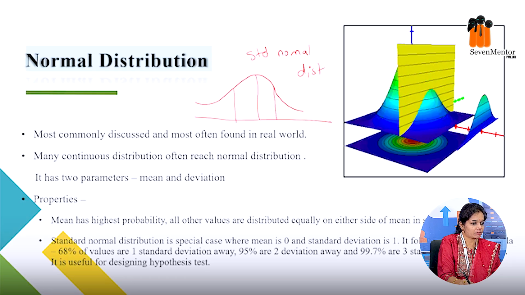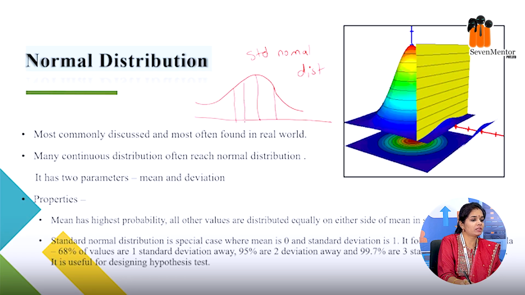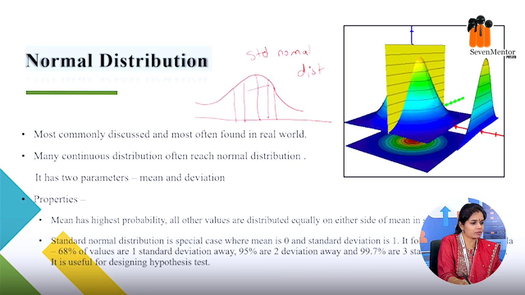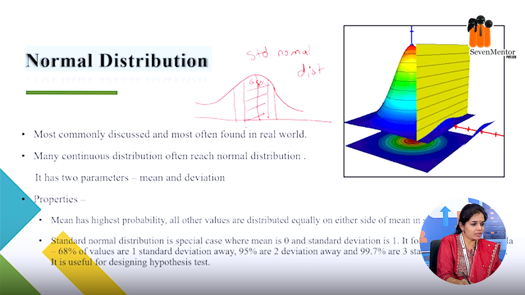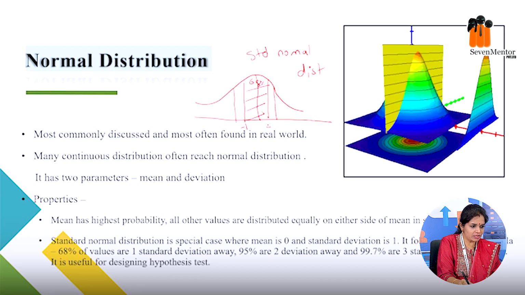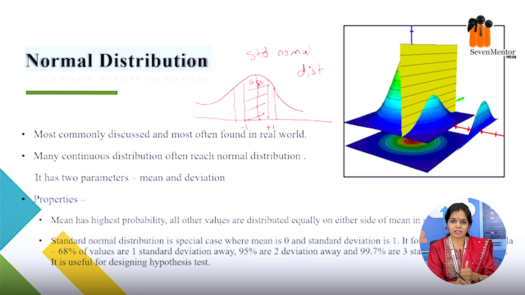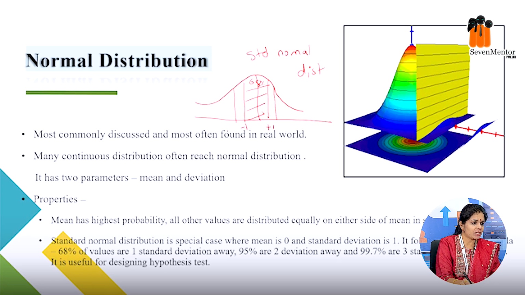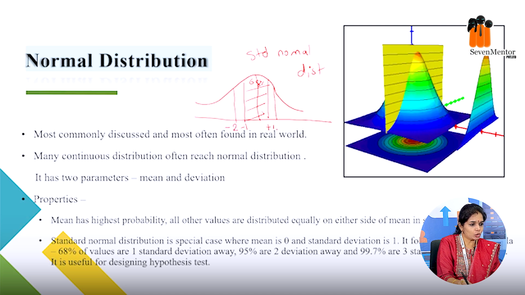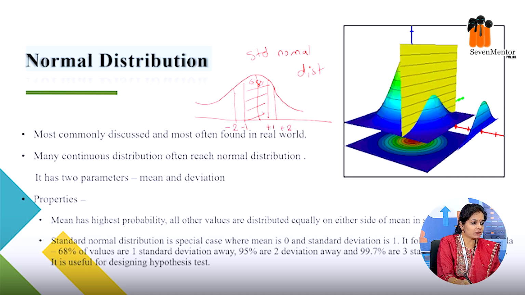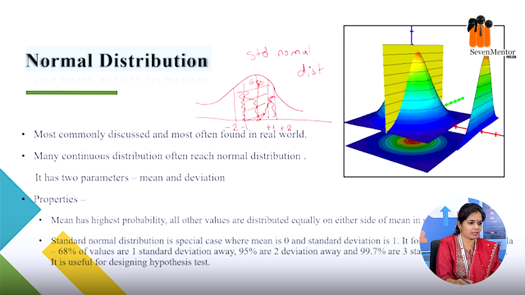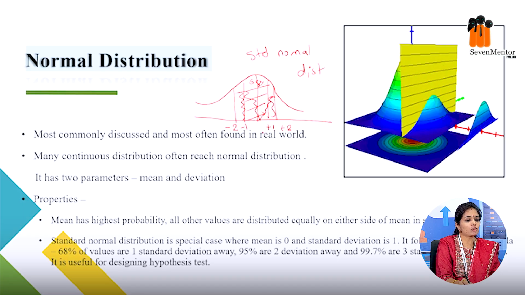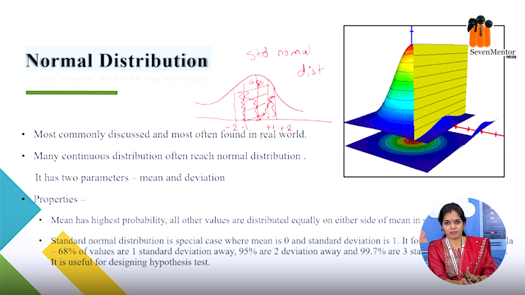This is our mean. So there will be 68% of data around the mean, between -1 and +1, which is 1 standard deviation. Then -2 to +2 is 2 standard deviations.